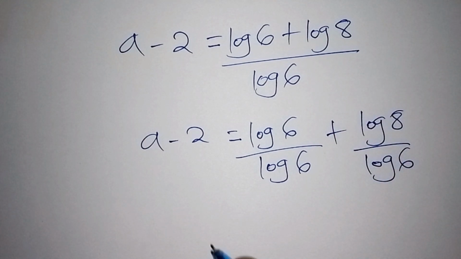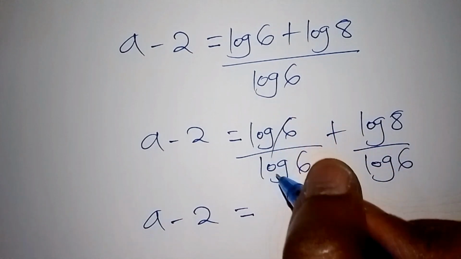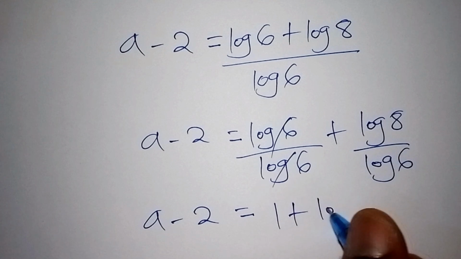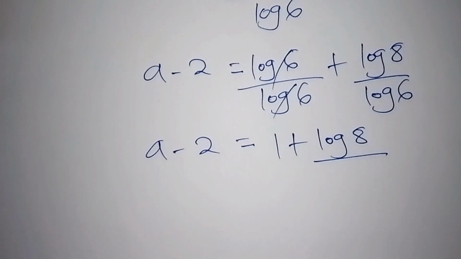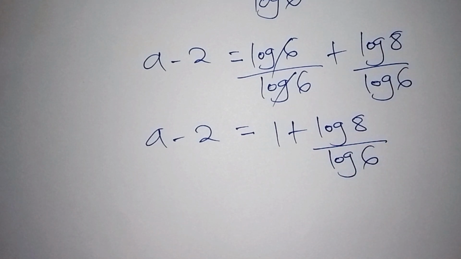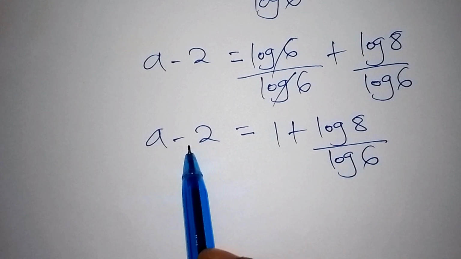So a minus 2 is still equal to, the log of 6 and the log of 6 cancel, so we have 1 plus the log of 8 all over the log of 6. Now we want to remove the minus 2.